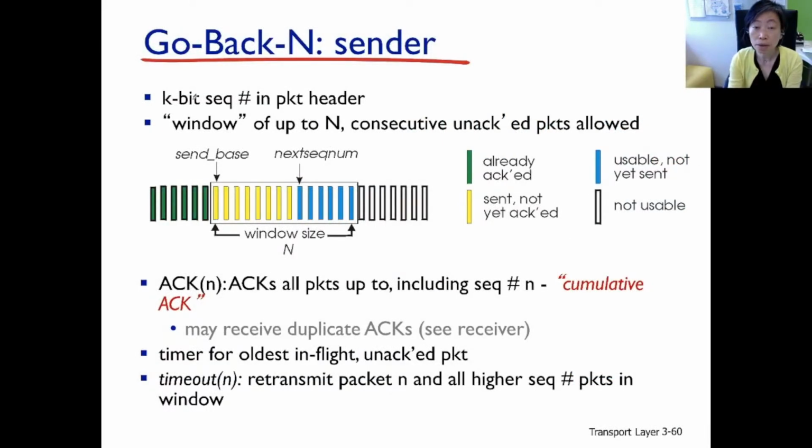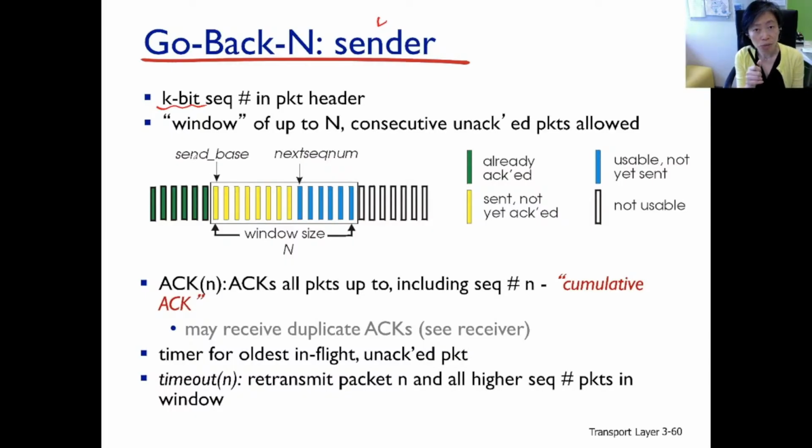Now let's look closer into the first category of the pipelined RDT, Go-Back-N. So this is just the sender side, and we'll come to the receiver side in a couple of slides. First things first, the packet sequence number in Go-Back-N. If you recall in RDT 3.0, we only allow one data packet to go out without being acknowledged, isn't it?